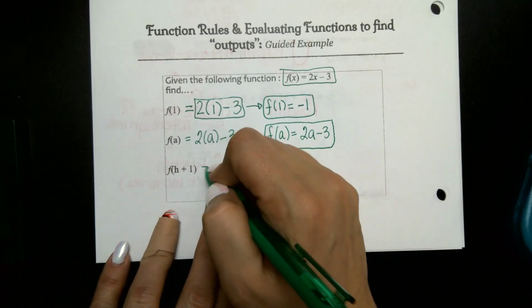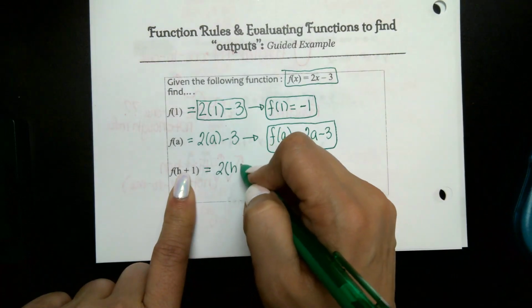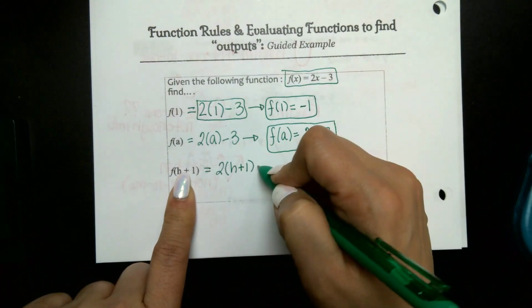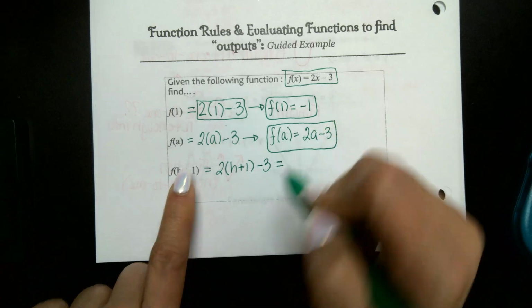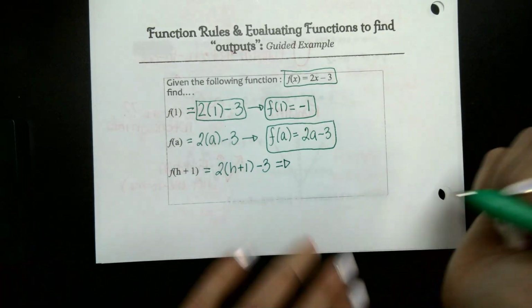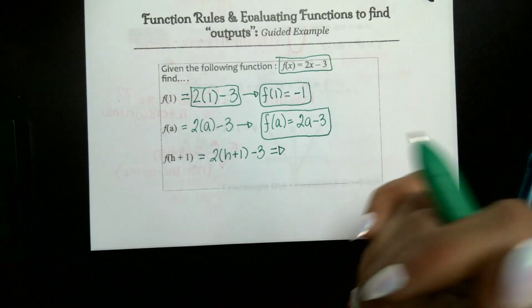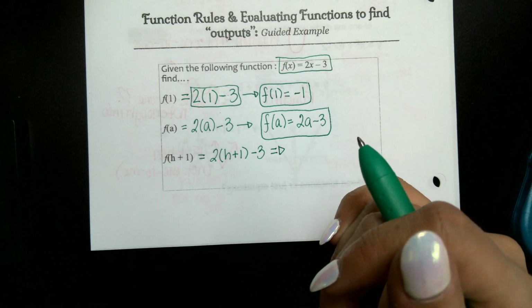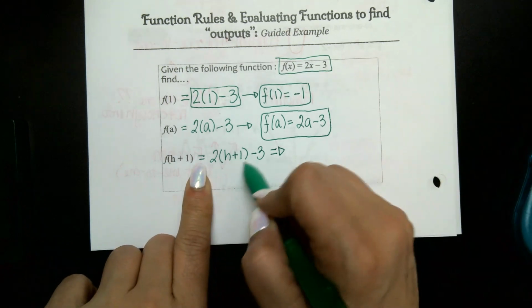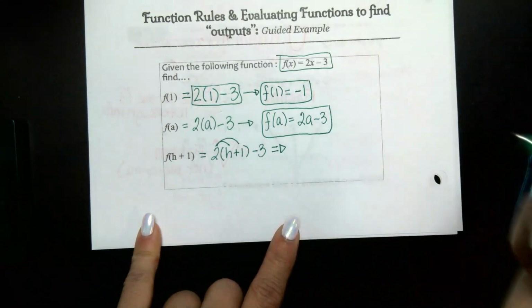And then for this last one, they now want us to plug in h plus 1. So in the parentheses next to the 2, we're going to plug in h plus 1. Well, what do we have to do here? So distribute, is that what you're saying?